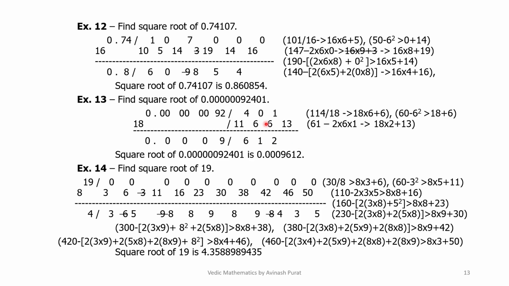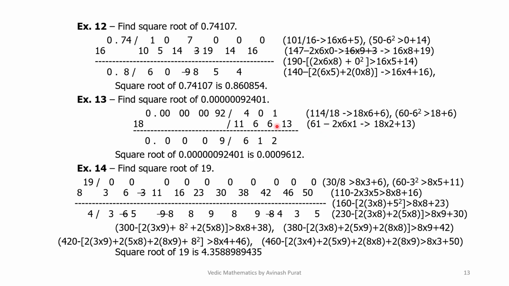So it's 24 divided by 18. 1 is the quotient and 6 is the remainder. 61 is the next dividend, minus 2 into 6 into 1, that is 12. 61 minus 12 is 49. So 2 is the quotient and 13 is the remainder.